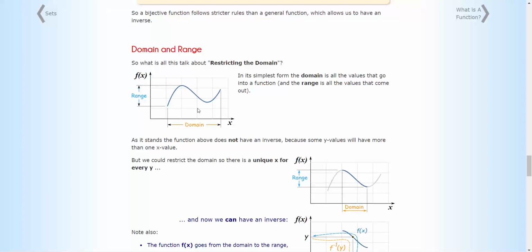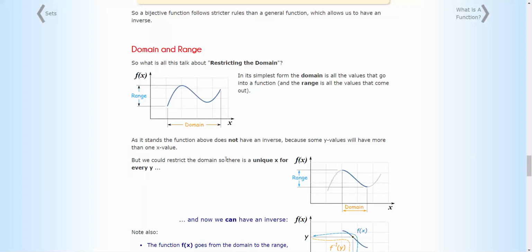This is a function, but it's not injective. It could be surjective, but it's not bijective. This function does not have an inverse because some y values will have more than one x. Y values can have more than one x, right?